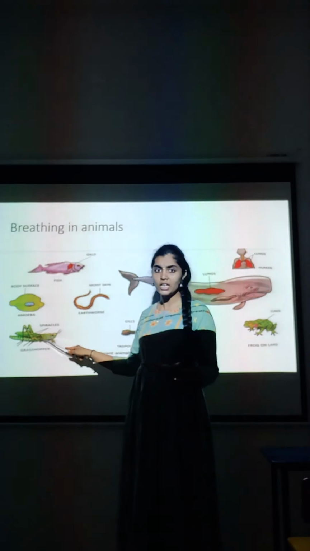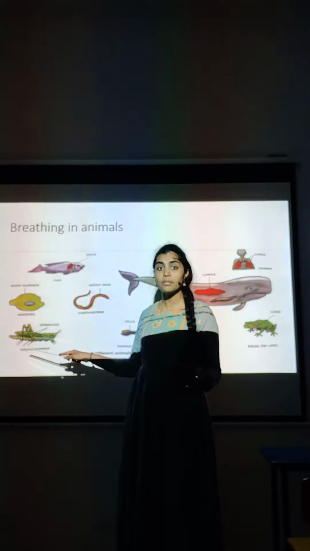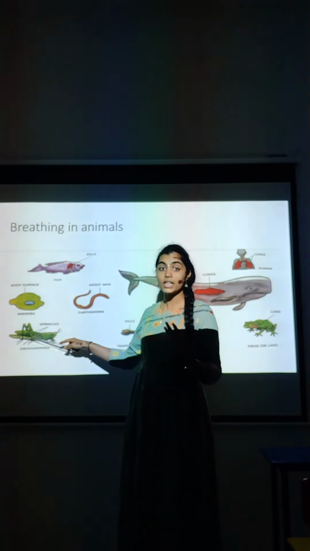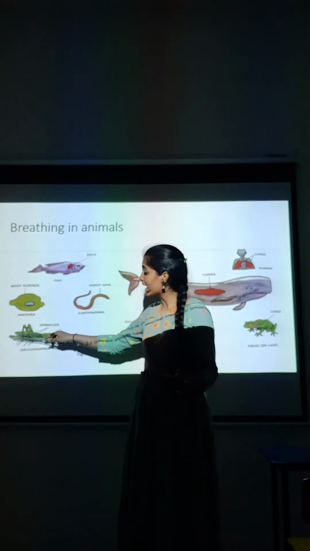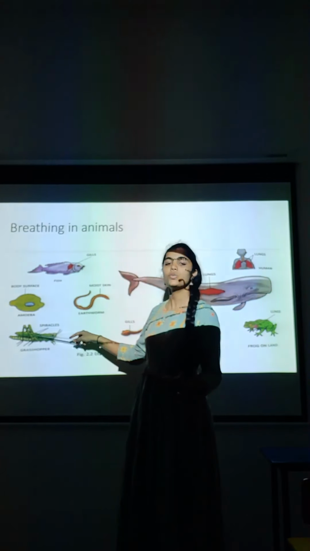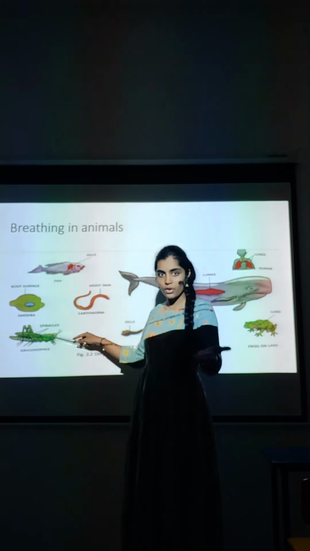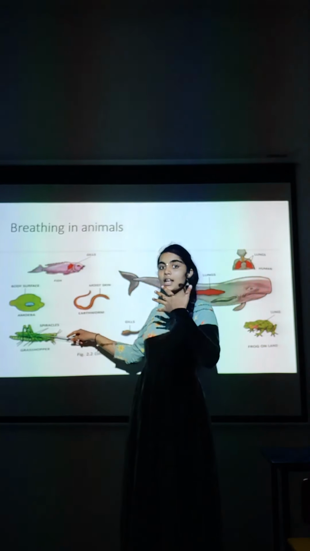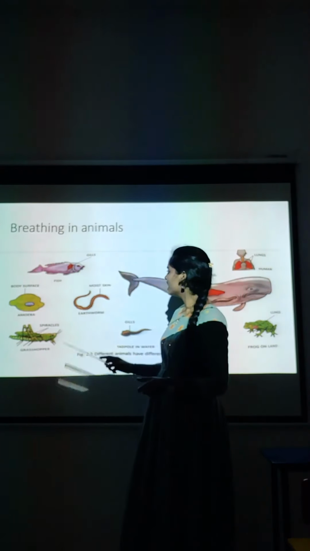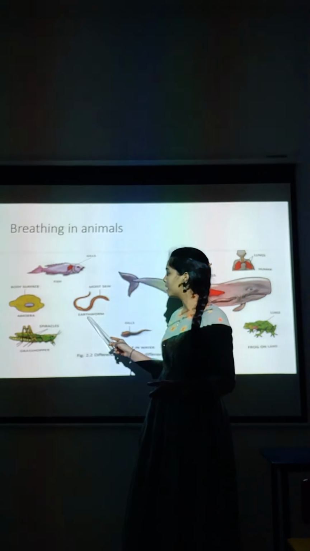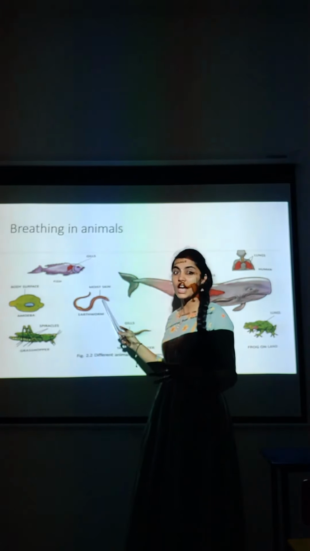Then how do they carry the oxygen? They carry it through pipes. They have air pipes connected. With the help of these air pipes, they carry carbon dioxide to the outside and oxygen to the inside.